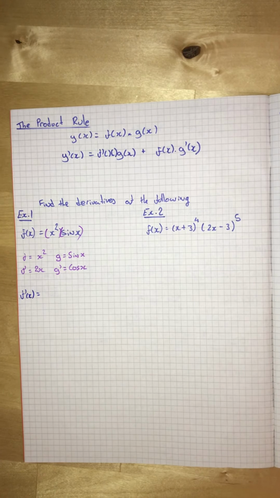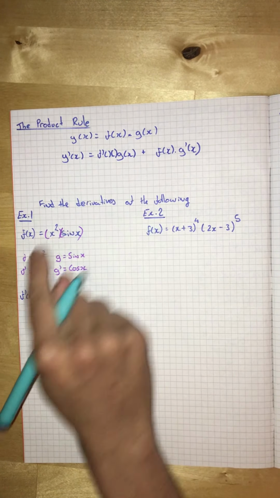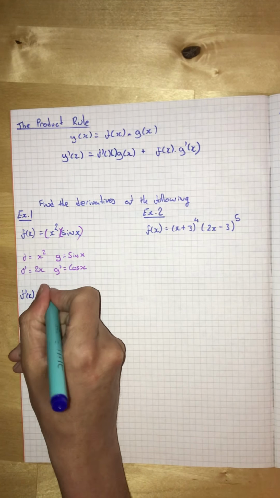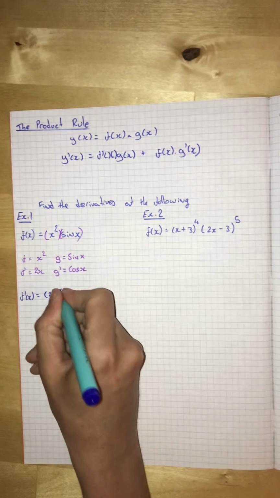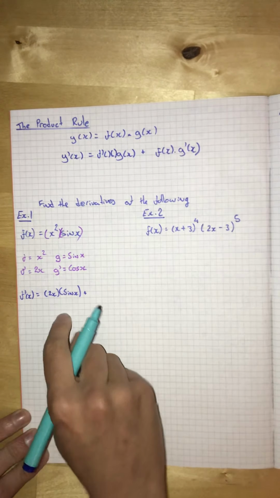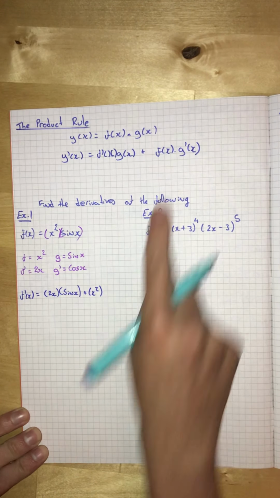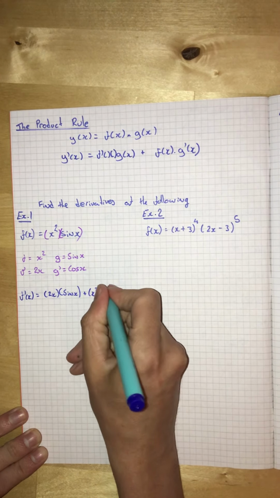So then f of x differentiated will be the derivative, differentiate the first one, which is going to be 2x, leave the second one, and then add, and then leave the first one, and differentiate the second one, which is cos x.